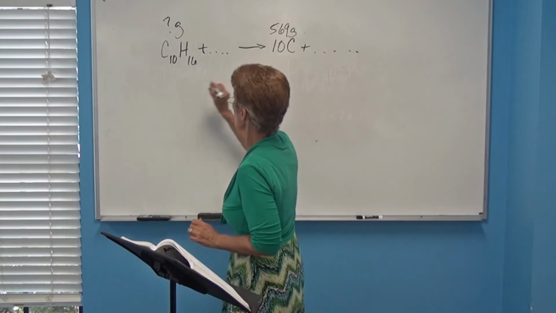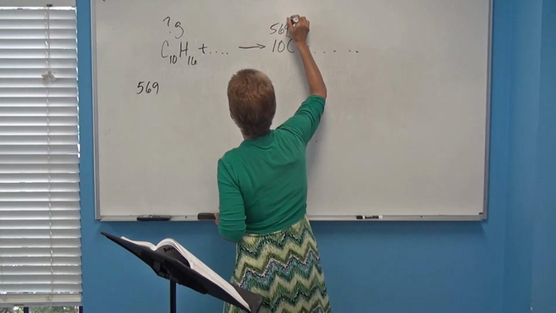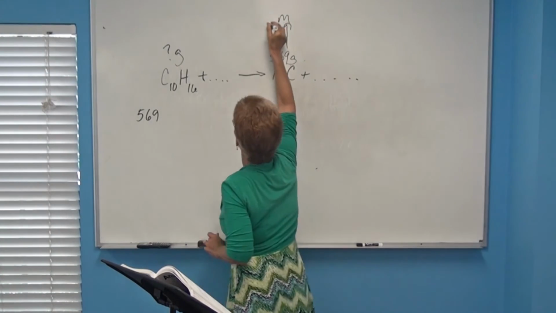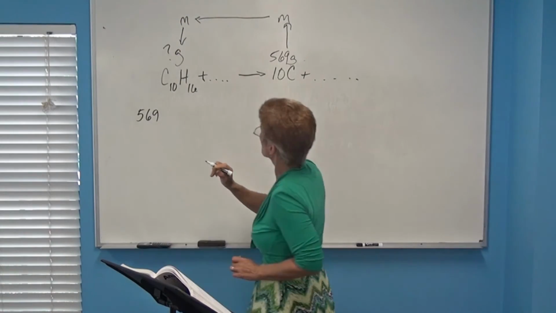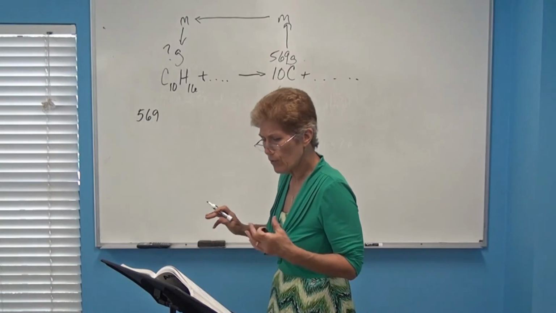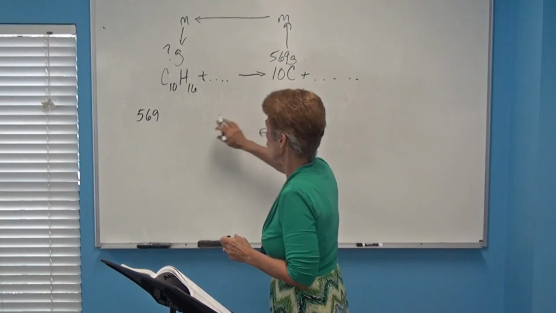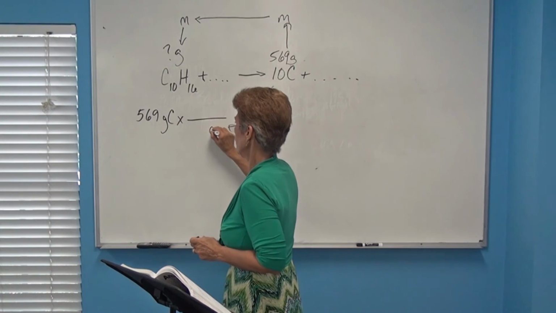All right, so we start with our given, 569. Remember, we're going to go grams to moles, moles to moles, moles to grams. That's what we're going to do. And I'm sure that he's giving you 3 points for each step. So first we go grams of carbon, and we're going to go to moles of carbon.